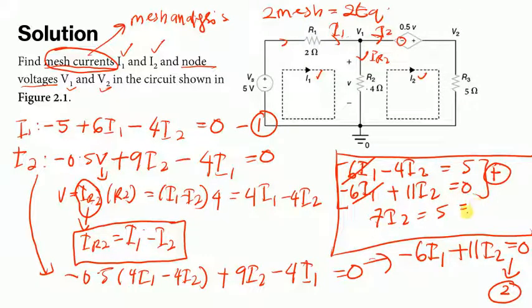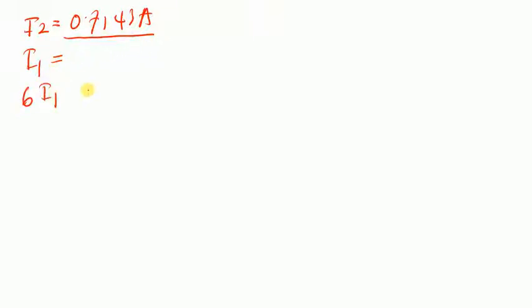So I2 is equal to 5 over 7, which is 0.7143 amperes. That's for I2. Now you can find I1 by substituting this value in equation 1: 6 I1 minus 4 I2 equal to 5.